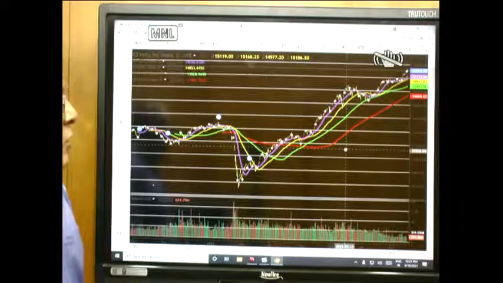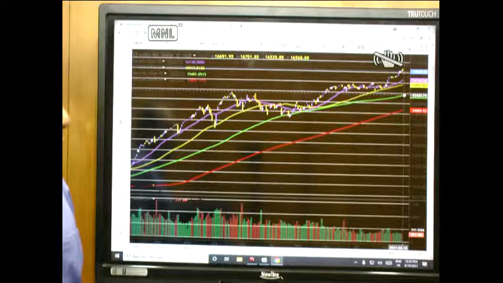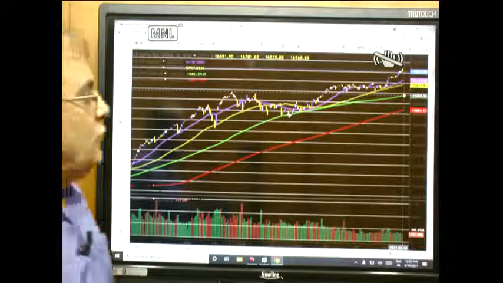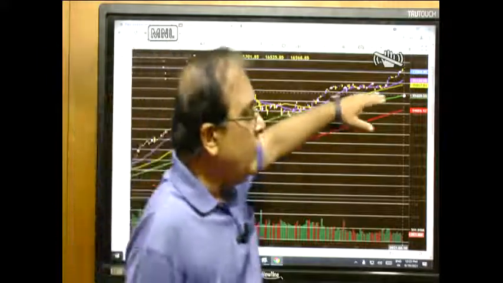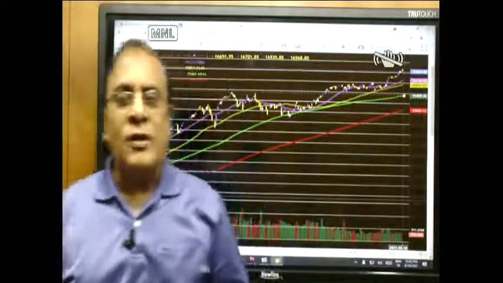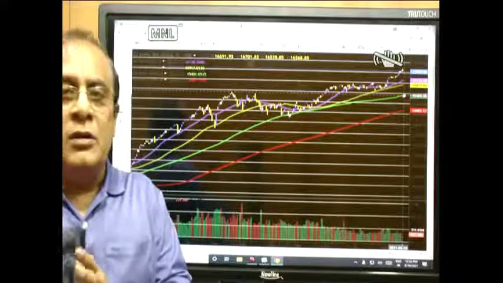So right now we can look at the 100-day moving average as the most important support, which is 15,425. Okay. So overall, it looks like 15,950 to 16,000 and 15,450 are the places where maximum averaging can take place for an investment decision in the market.